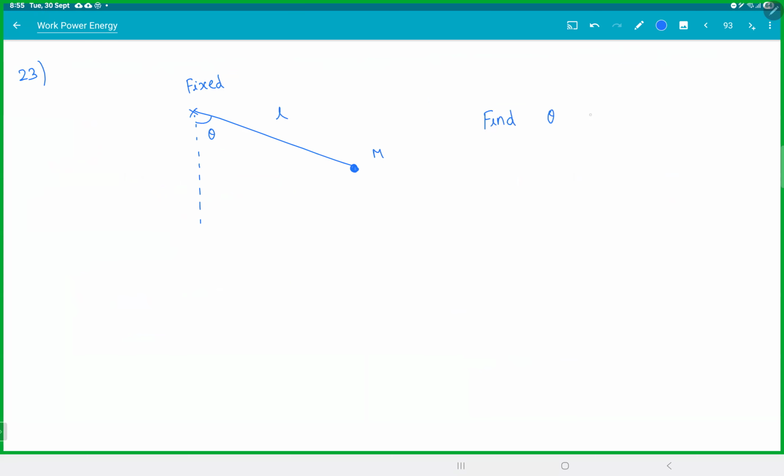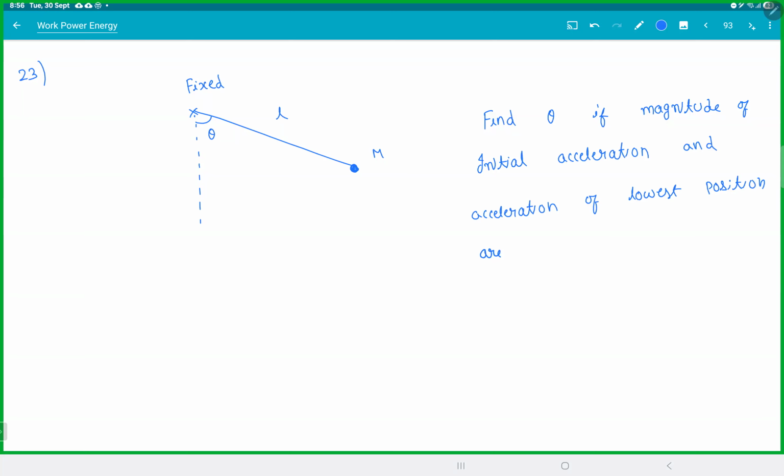Find theta if the magnitude of initial acceleration and acceleration at the lowest position are equal. Again, magnitude. Release from rest.